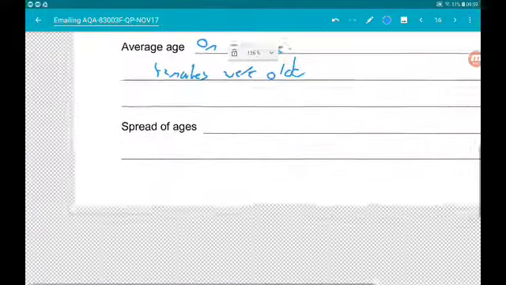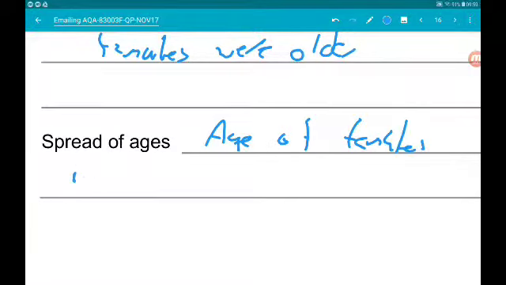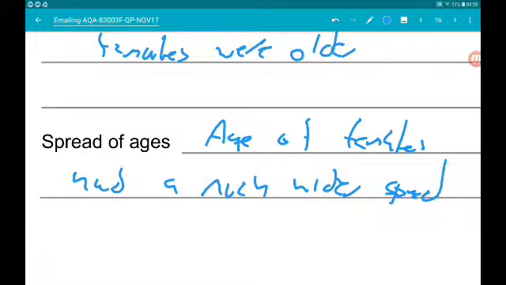So the age of females had a much wider spread. Cool.